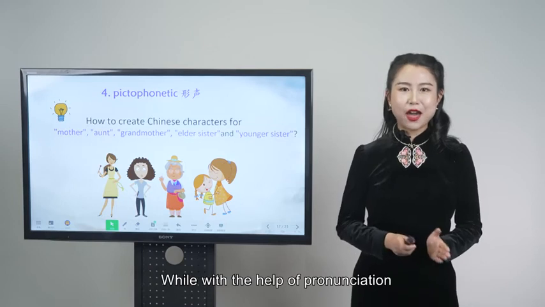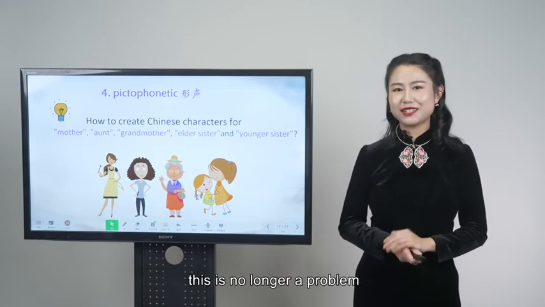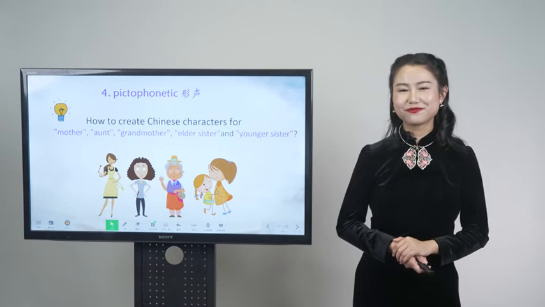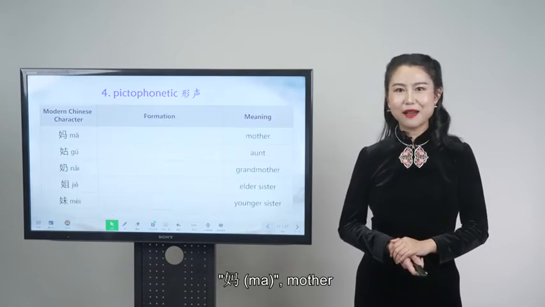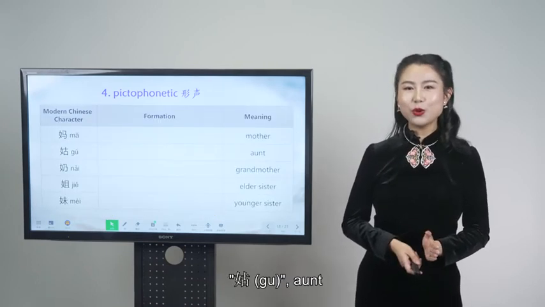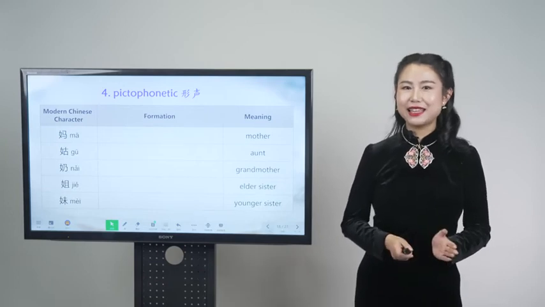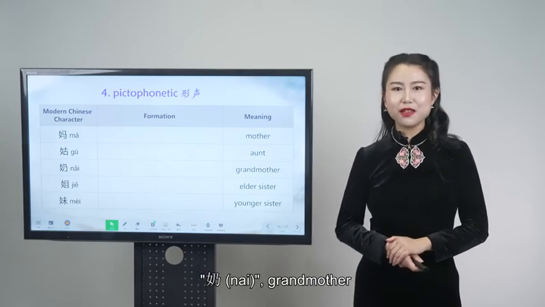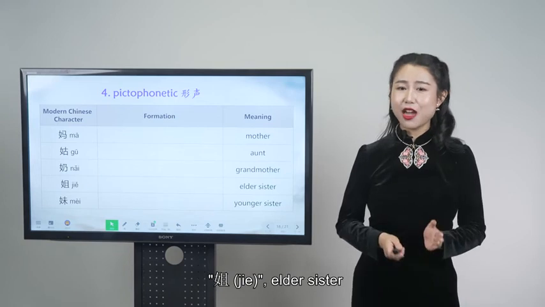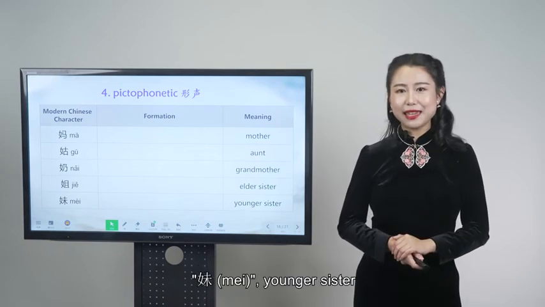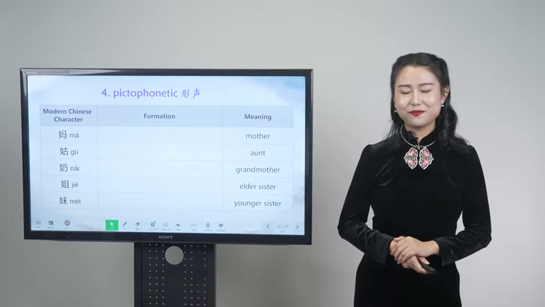While with the help of pronunciation, this is no longer a problem. Ma, mother. Gu, aunt. Nai, grandmother. Jie, elder sister. Mei, younger sister.